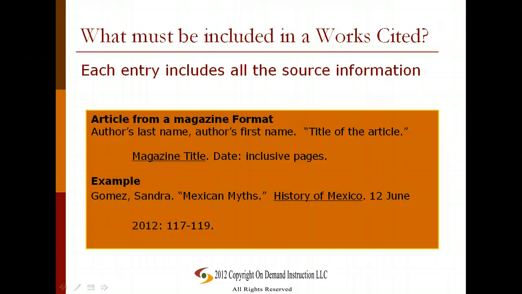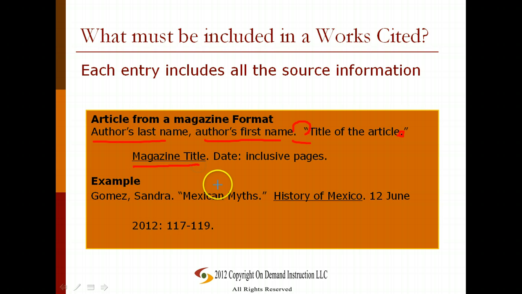Okay, let's take a look at another example of an entry that would go into the Works Cited. When you're making a Works Cited, this is an example of a magazine format. For a magazine format, we always have the author's last name, first name, period, the title of the article with quotation marks around it, and the period inside of the quotation marks.